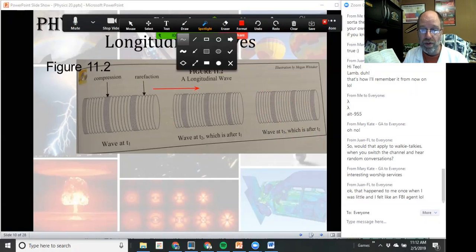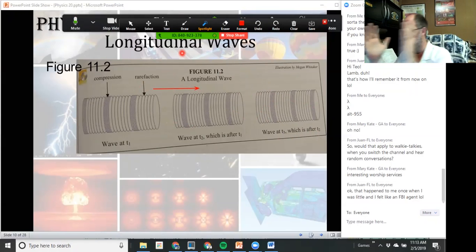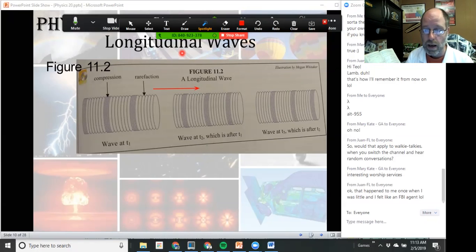But the compression of that wave is also in the same horizontal direction. So the whole wave's moving this way, but the compression of that wave is in that same direction. Compressed horizontally, moving that compression horizontally. By definition, that's a longitudinal wave.